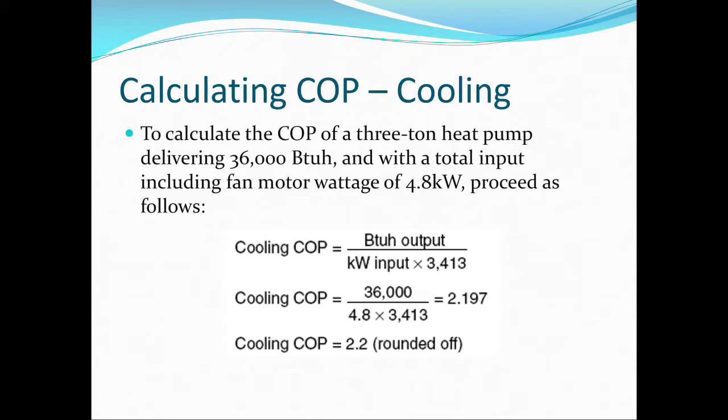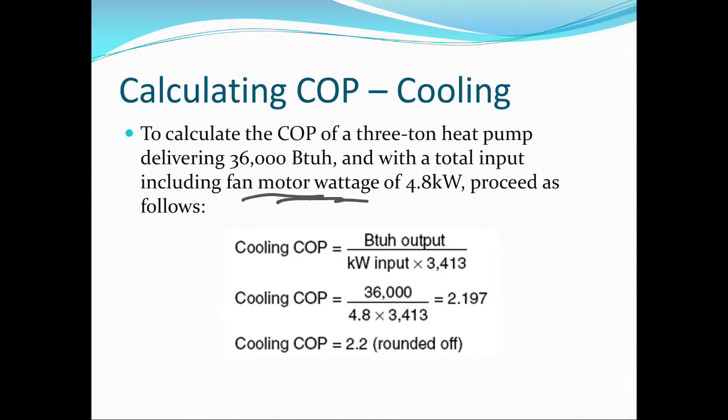So here's an example of a calculation on a cooling system. And normally we're not as worried about the COP on a cooling, but it can be done. In this particular case, we're showing a 3-ton heat pump that is delivering 36,000 BTUs of energy. And we're using the measured total input kilowatts, including the fan motor wattage, of 4.8 kW.